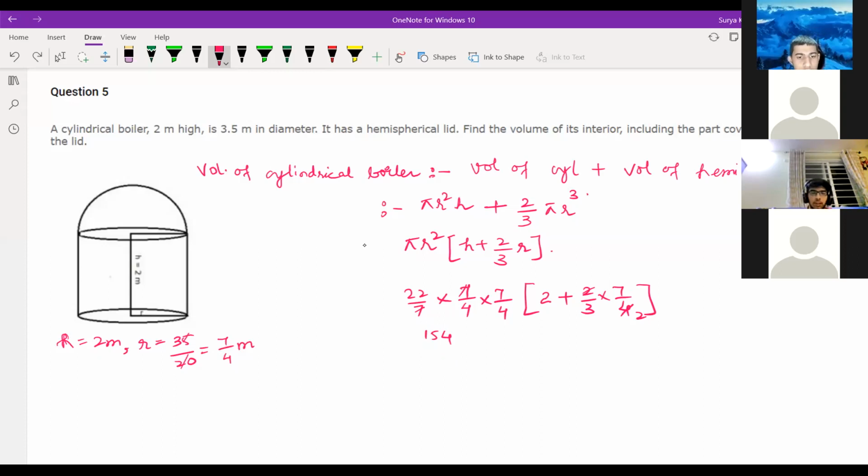Or you can cancel here itself. 2 2s are 4 and 2 11s are 22. So 77 by 8 into 2 plus 7 by 6. 77 by 8 into 12 plus 7, 19 by 6. It won't go, right?